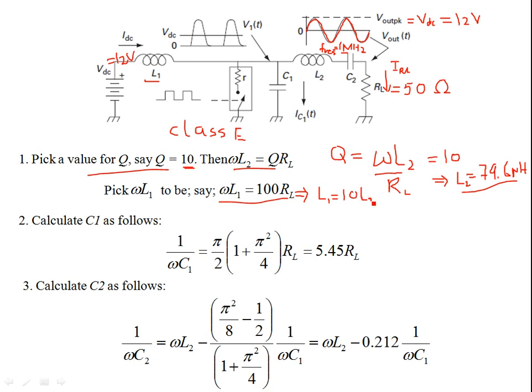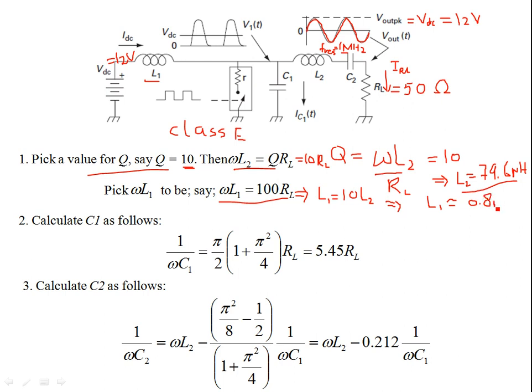You can see this from here, because this is QRL, which was 10 times RL, which is 50. Here we have 100 times RL, so at the same frequency your choke inductance is 10 times L2, and this implies that you're looking for an L1 of around 0.8 millihenries.